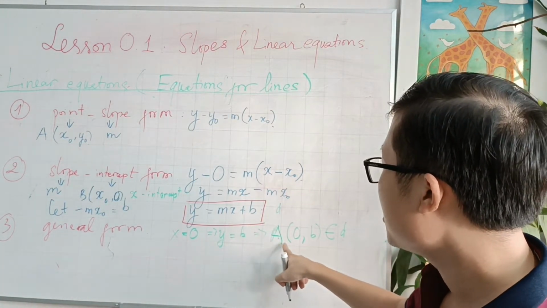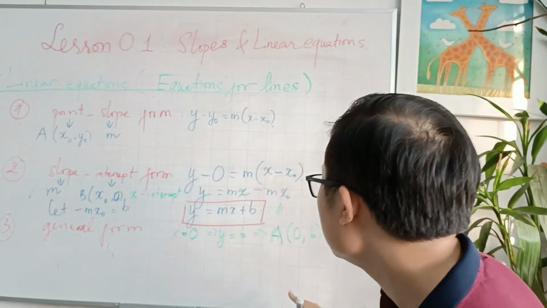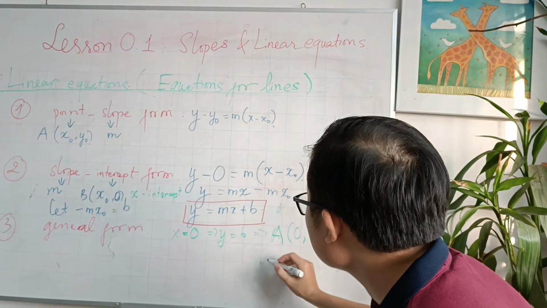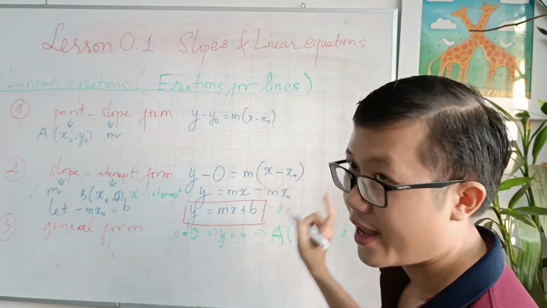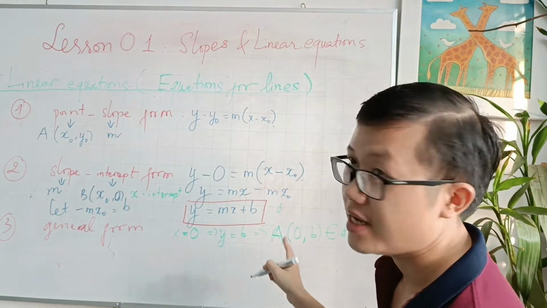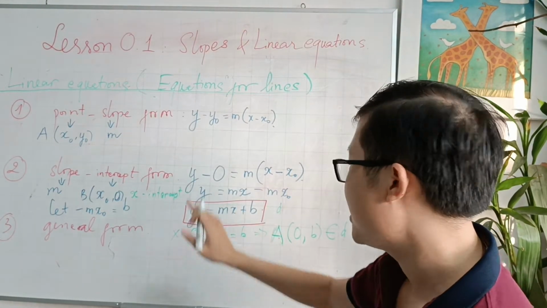A has x coordinate 0, so it also lies on the y-axis. So A is the intersection of d and the y-axis.